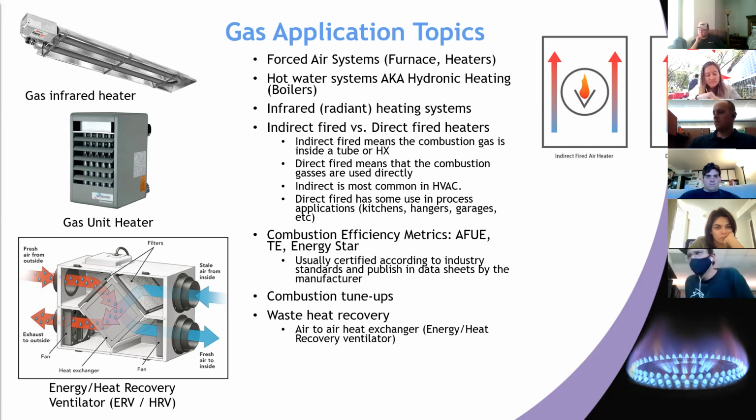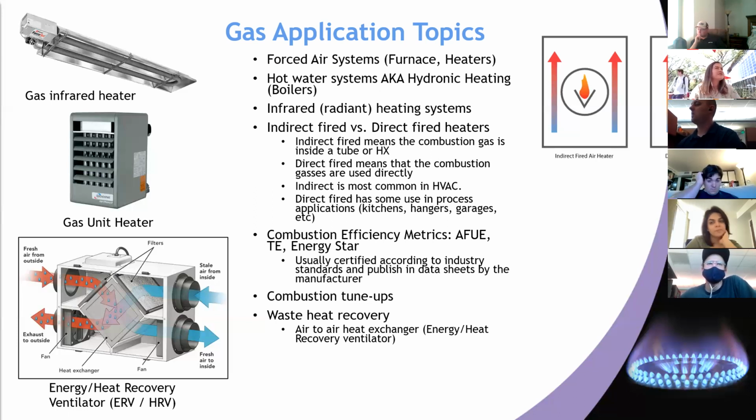So that hot water will go into a loop. The loop will feed into coils in various rooms or areas, and there will be air passing over that coil to distribute through the room. But because the primary transfer method of that heat is the water in the loop, that's why it's different than a forced air system.